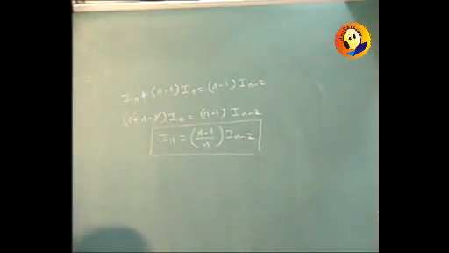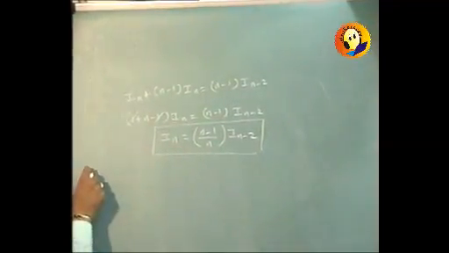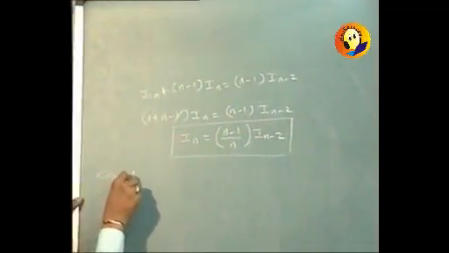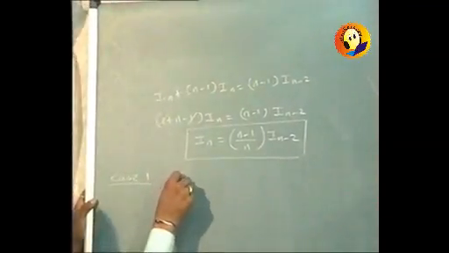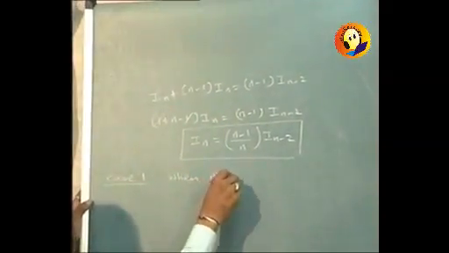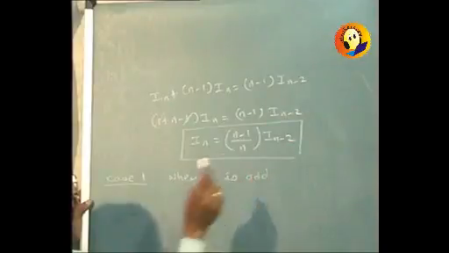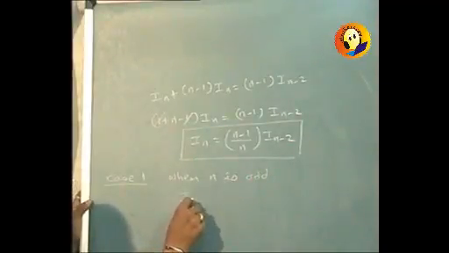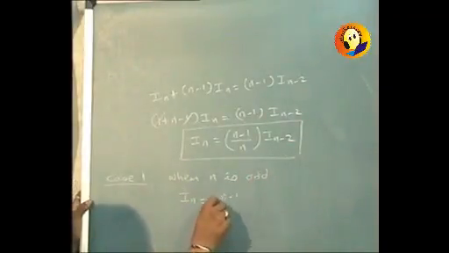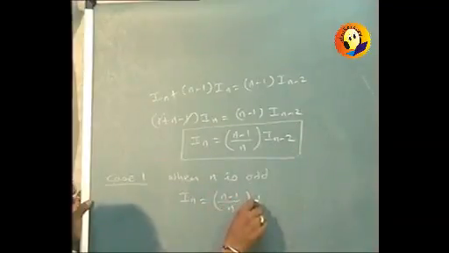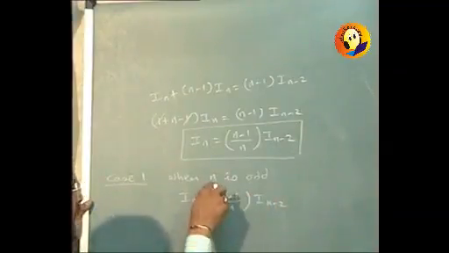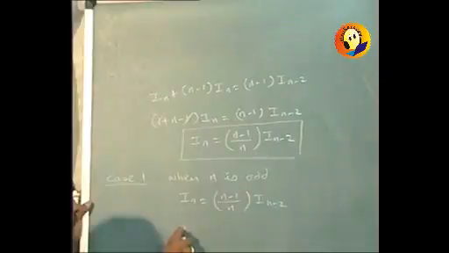This will be actually the reduction formula. But now there will be different cases. Case 1, when n is odd, then In is equal to n minus 1 upon n I(n-2). As n is odd, n minus 2 is also odd.